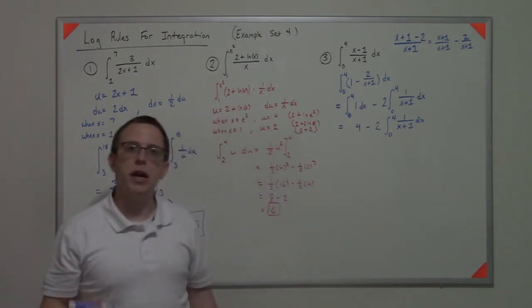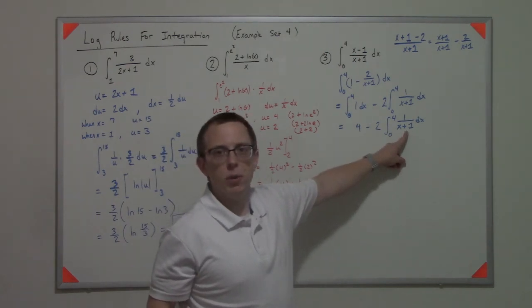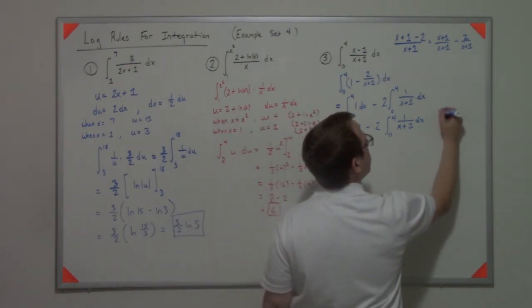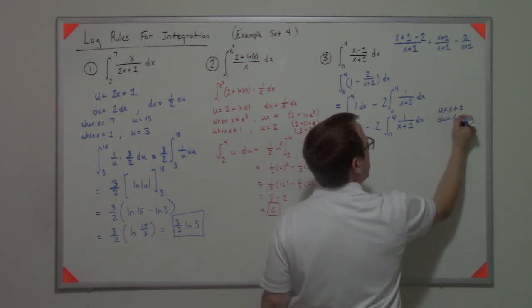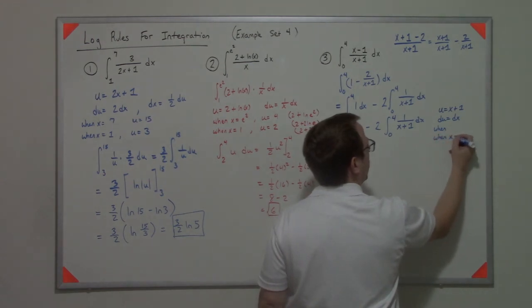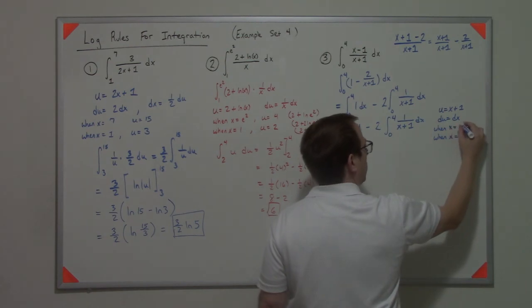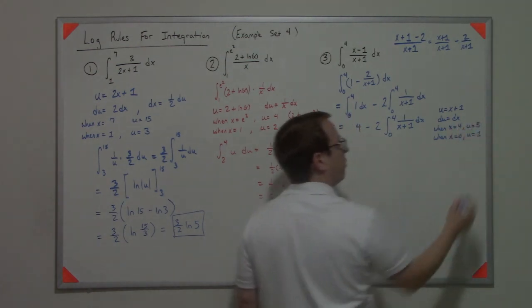But then we need to take our u substitution. Well, this is pretty clearly cut that we would take x plus 1. So if u is x plus 1, then du is dx. And when x is 0, u is 1. When x is 4, u is 5.